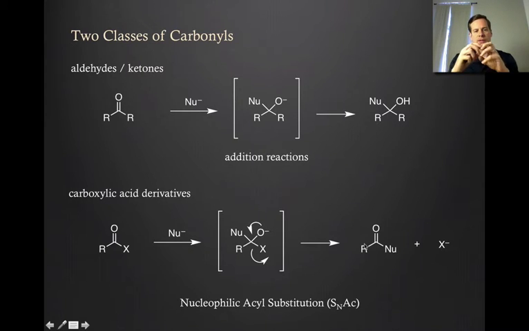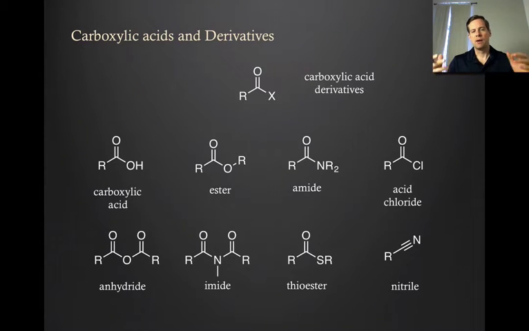This bottom line is the reaction paradigm that we're going to do almost exclusively for these carboxylic acid derivatives. Now here is basically the zoo of species that we're going to talk about. They all fall under this general heading, and what's different is the nature of that heteroatom.